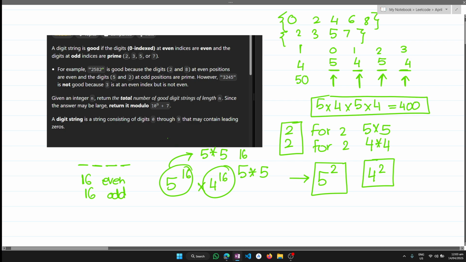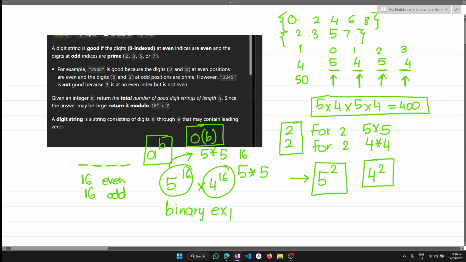If a to the power b is the general form, that is an O of b solution. Can I do anything better than linear time complexity when calculating the power of any base number? Yes, I can, and that is binary exponentiation.